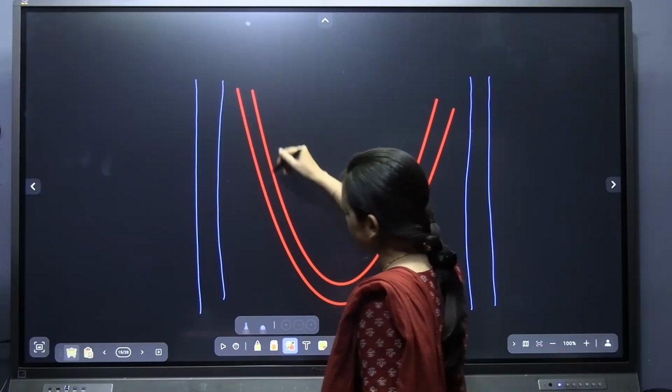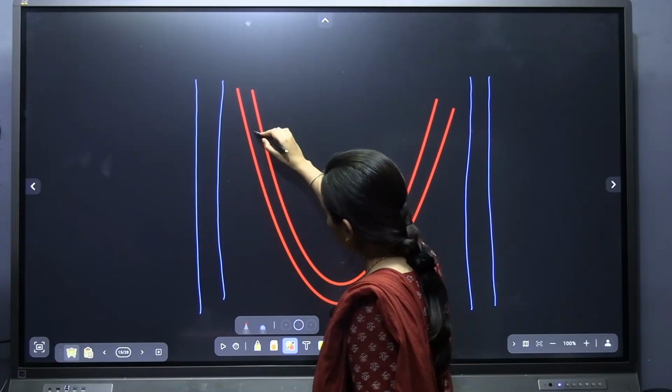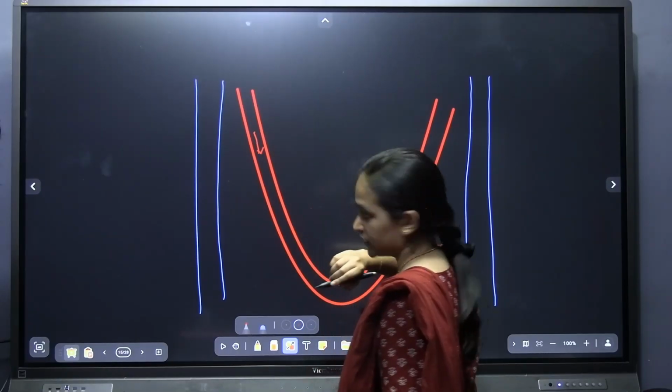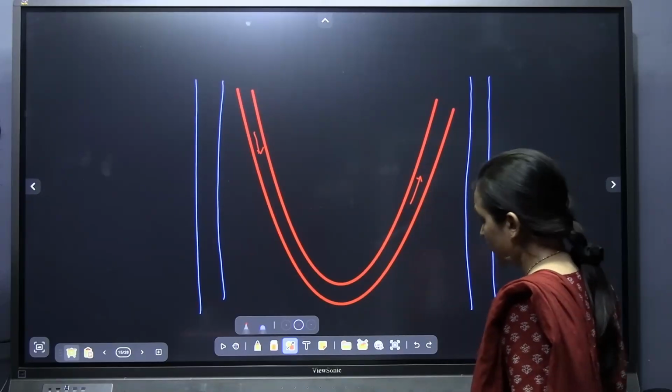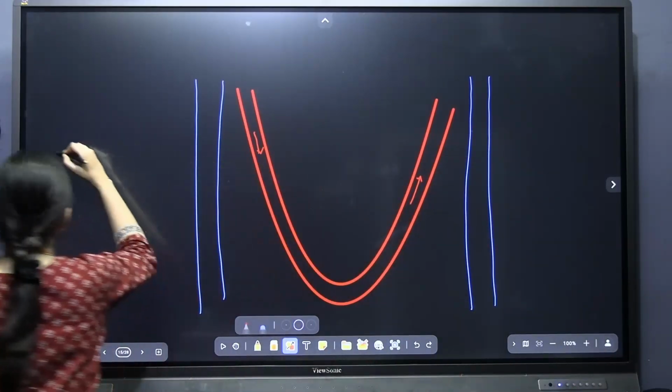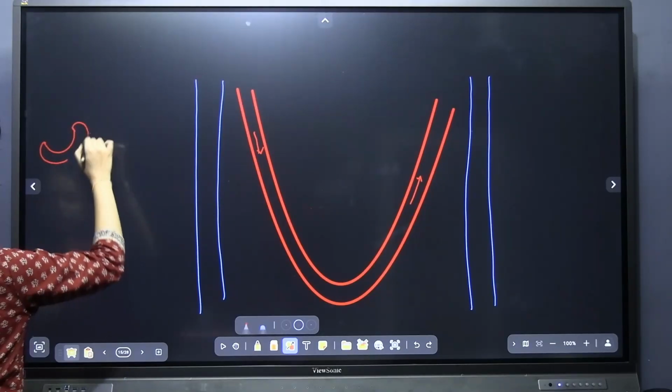This is the descending loop of Henle, which means in which direction is the urine flowing? In this direction. Here, ascending, in this direction. Before that, wait, I will draw the nephron here, sorry, I am really sorry.